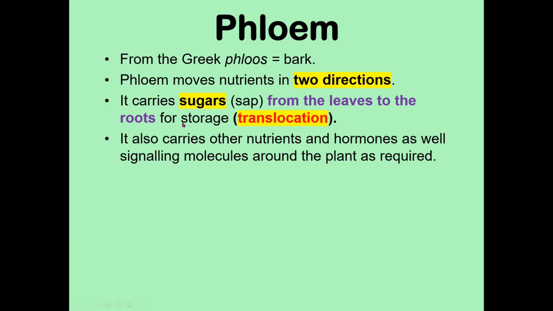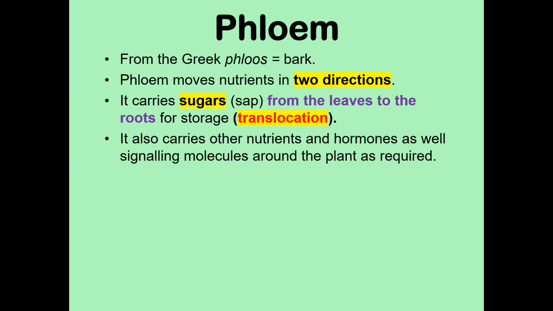So not only does it carry the sugars, mostly glucose, which is mostly sap, but it's different sorts of sugars depending on the plant. It also carries hormones, nutrients, and protein, whatever is required further down. And the plant signals itself.